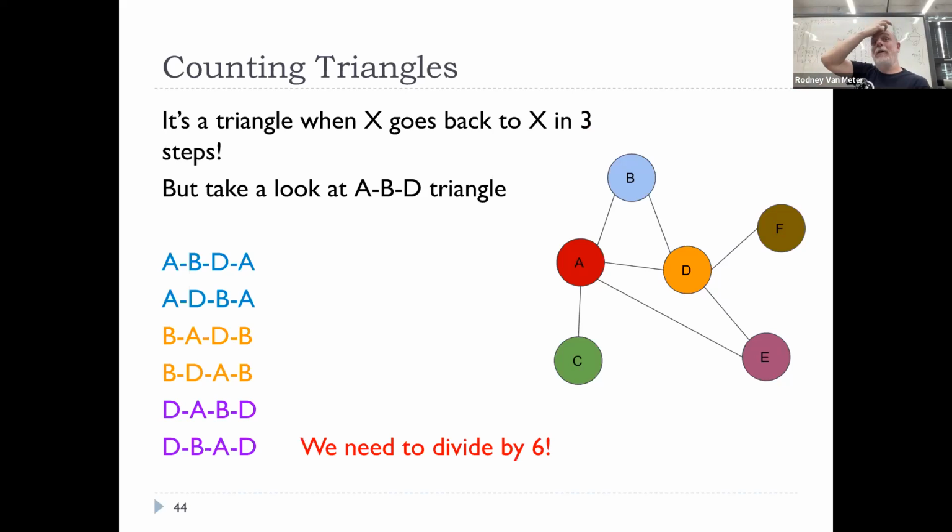So if we count all of those paths, then in order to count the triangles, we actually have to divide our total by 6. Now, how can we figure out how many paths there are starting at a particular node and ending at a particular node using the adjacency matrix for 3 steps?